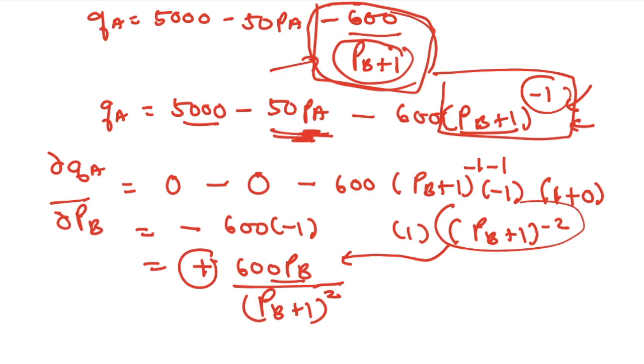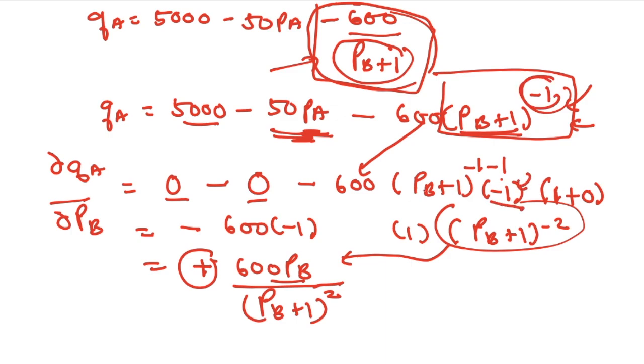Okay, let me re-explain it to you again. This one 0, this one 0. Now this one, minus 600, okay, minus 600, multiplied by, inside the bracket, you rewrite it again, PB plus 1. The power here, minus 1, minus 1. And then, okay, minus 1 here, you bring down, you write it this way.